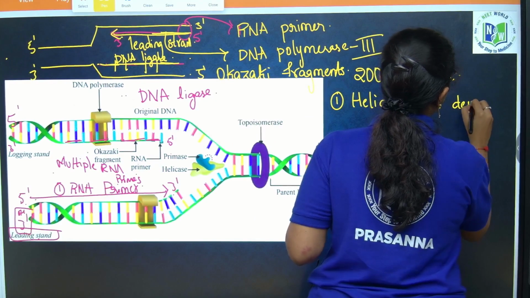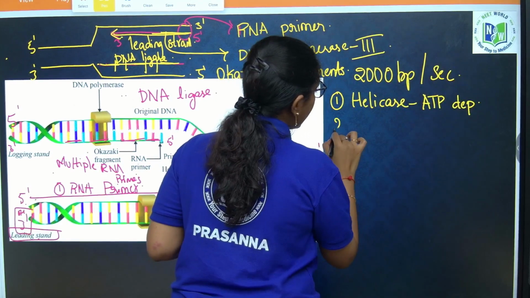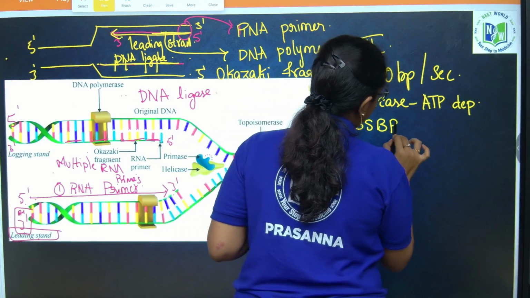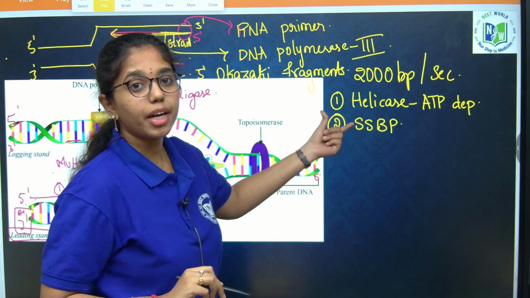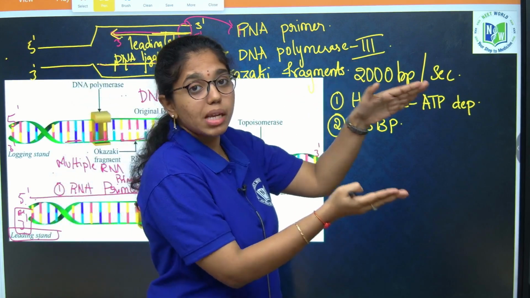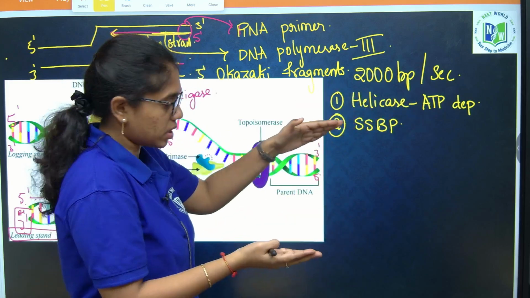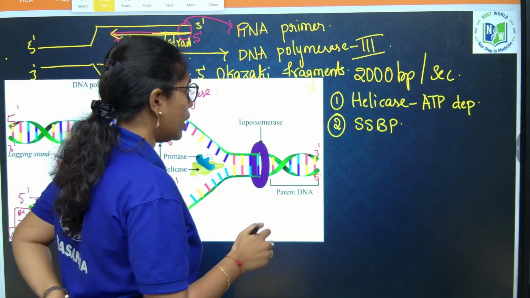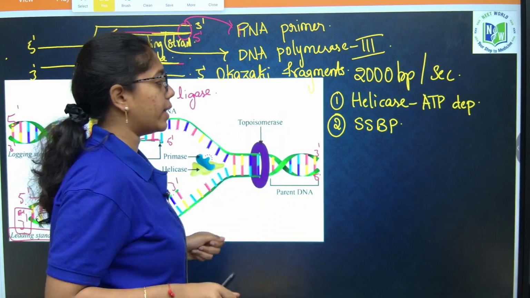And the second enzyme is single stranded binding proteins, which maintain the stability of the single strands of the DNA which are cleaved by the helicase.